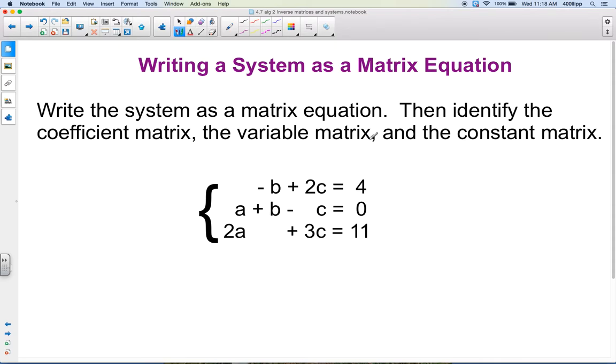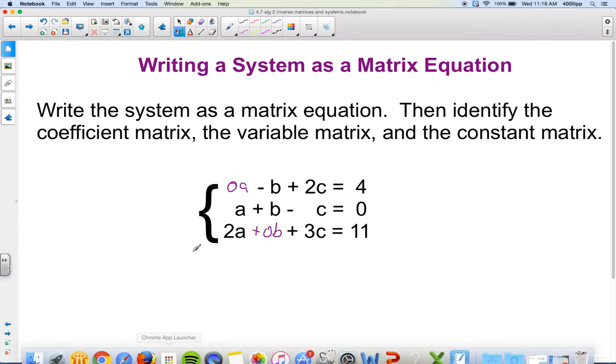Okay, so writing a system as a matrix equation. For this one, we're going to write the system as a matrix equation and identify the coefficient matrix, the variable matrix, and the constant matrix. We're not going to solve this one yet. We'll solve one of these in another slide. If there's no value of A, you do have to put 0 for your matrix. So let's just write in what's not there. There's no B here, so I'm going to write in 0B.